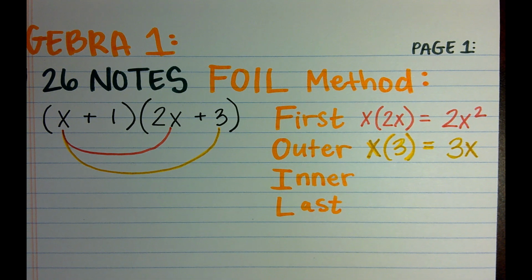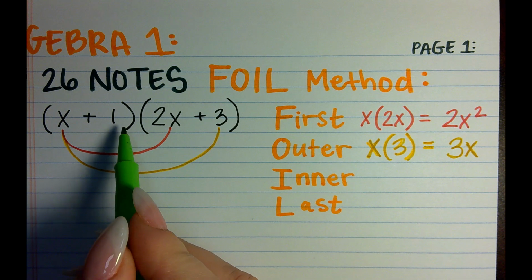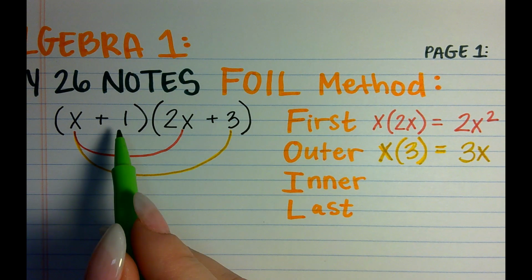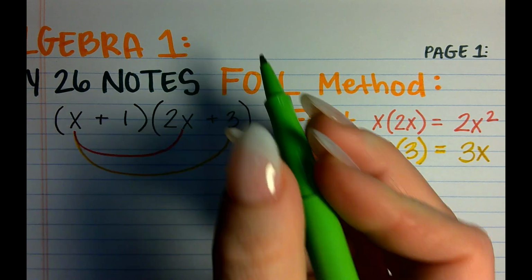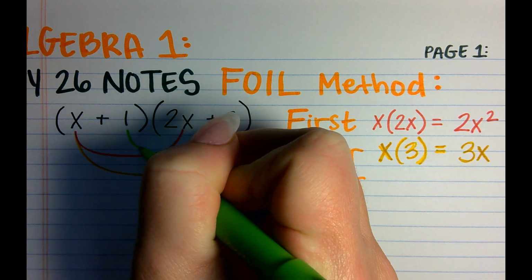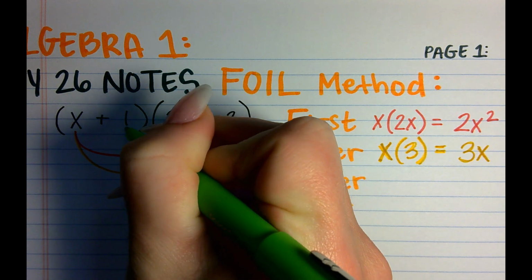Okay. So we've done the first terms, we've done the outer terms. Now we're doing the inner terms. The inner terms are the ones inside here, the 1 and the 2x. So I'll draw a line connecting those.